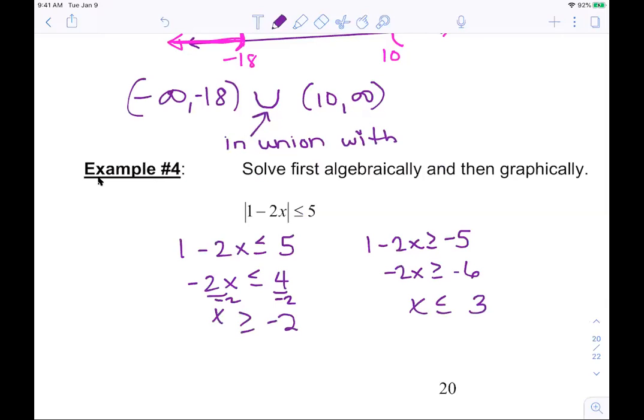So I have x is greater than negative 2, and then x is less than 3. And I know I went through that quickly. Here's negative 2, here's 3, bigger than negative 2, less than 3. This one's shaded in between, so I write my numbers next to each other because the answer is in between.